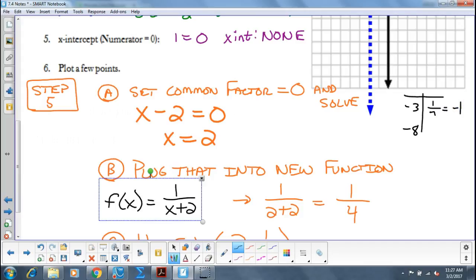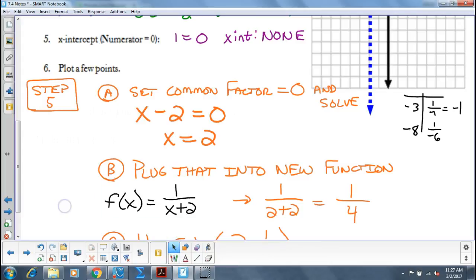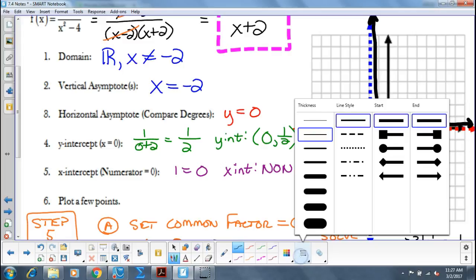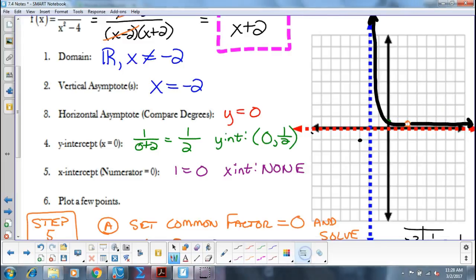If I put -8 in there, I get 1 over -6, which is -1/6. So now I go back and plot those points. That first point was at -3, -1, and then -8, -1/6. So there is my function on that side.